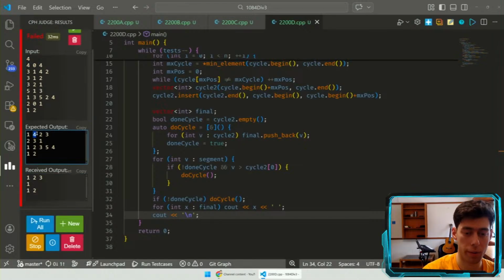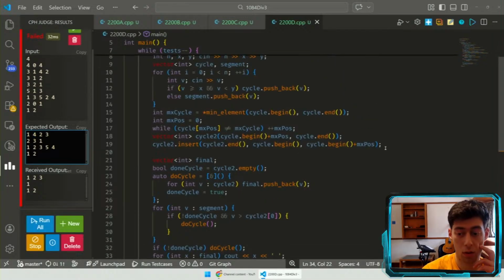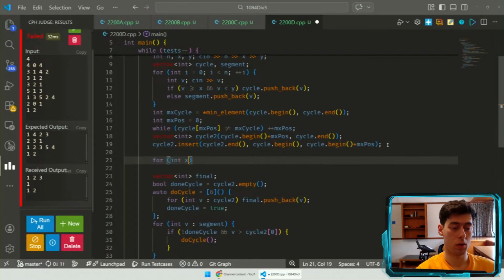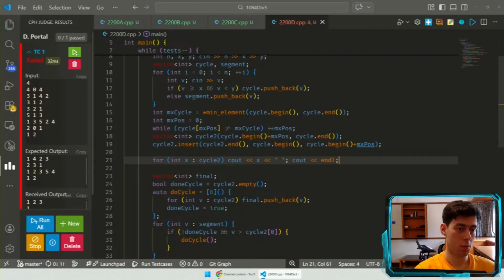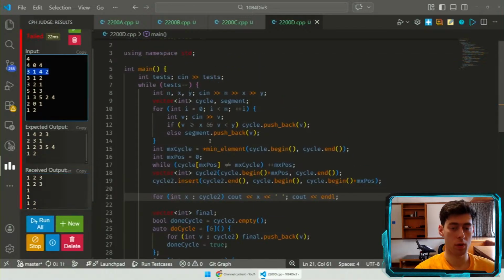What happened to the 4, man? It's print cycle 2. It's just 1, 2, 3. How is it 1, 2, 3? What happened to 3, 1, 4?